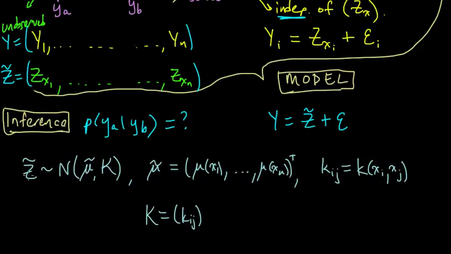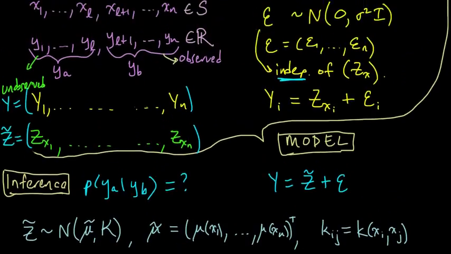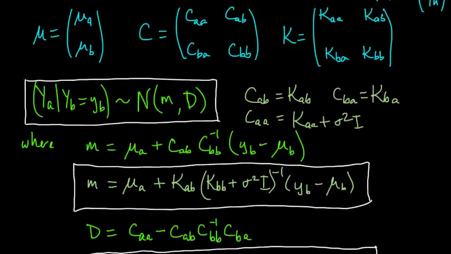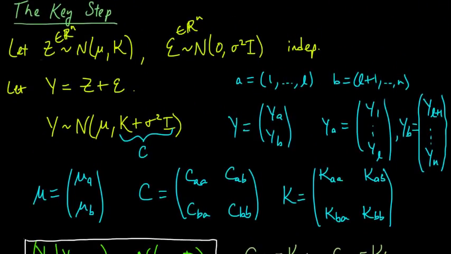Okay, so we're getting in pretty good shape now. We've got this z tilde. We have our y is z tilde plus epsilon. Remember, we're trying to get this posterior predictive distribution. That's our ultimate goal. And so we're going to use the key step here. We've got our K matrix. We've got our mu vector, mu tilde now.